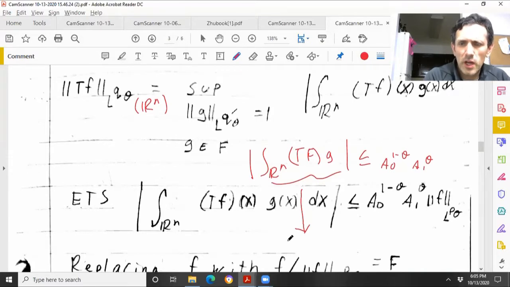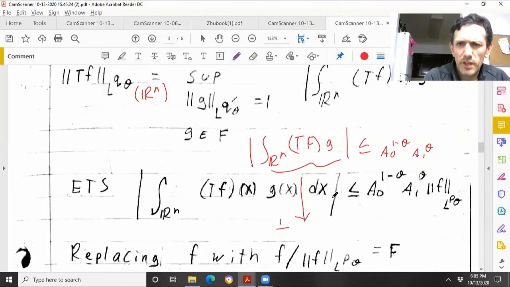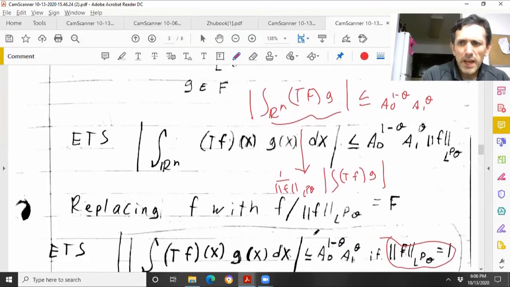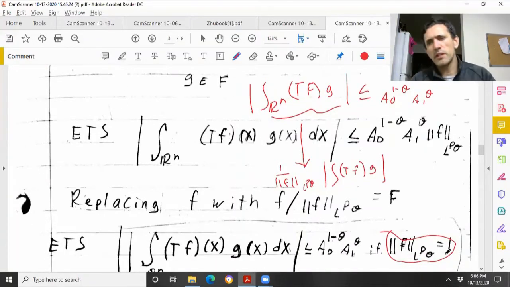Thanks to linearity, it's really 1 over the L^{p_θ} norm of f, I'm not going to write the R^n, times the integral of Tf g. So this whole thing here is less than or equal to this. So multiplied by this L^{p_θ} norm of f, and we get what we want. So it actually makes things quite a bit simpler, as we'll see in a little bit.